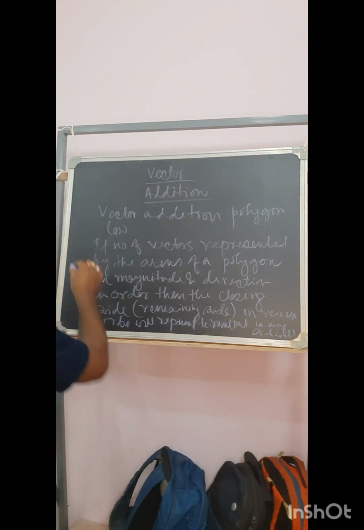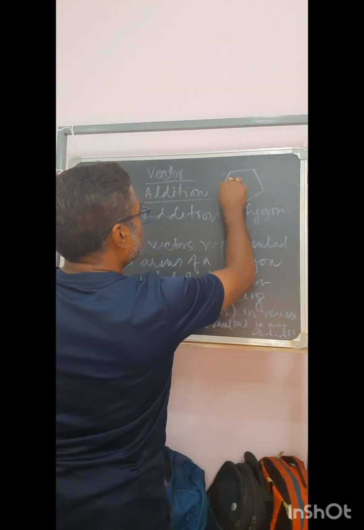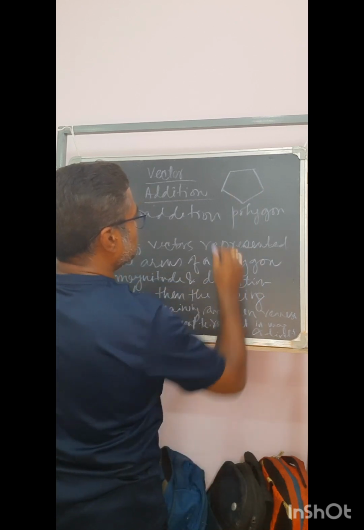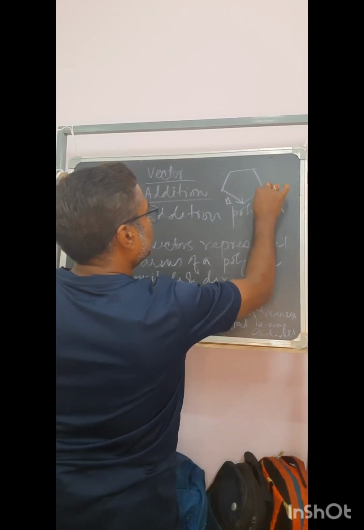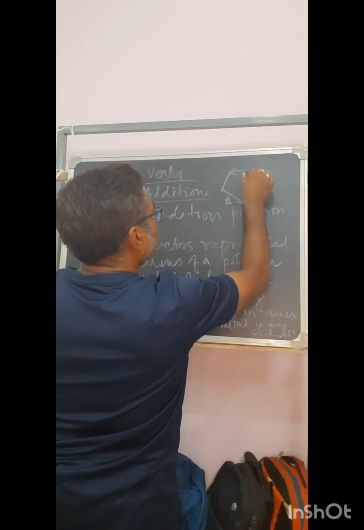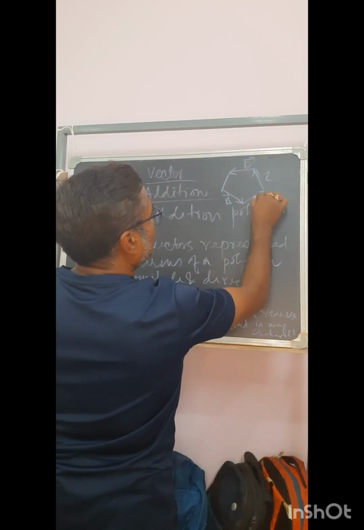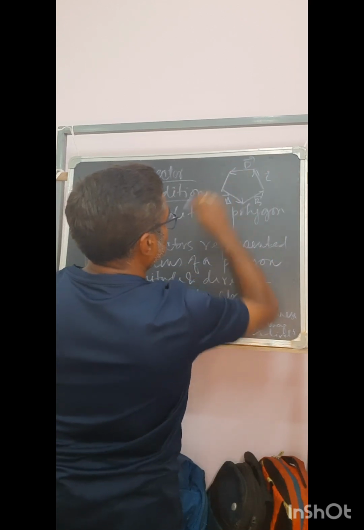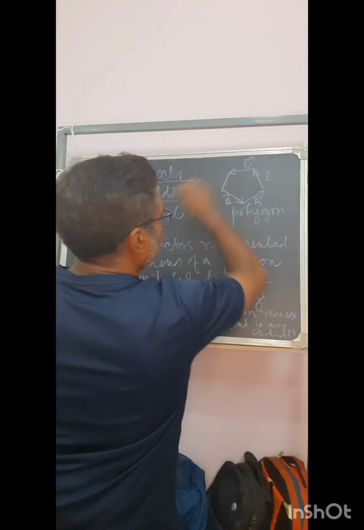So the first part says, if a polygon is there, let's say I have taken a pentagon, there are vectors A, B, C, D taken in order, let's say in anticlockwise order. All these vectors A, B, C, D are represented by the arms of the polygon in magnitude and direction.